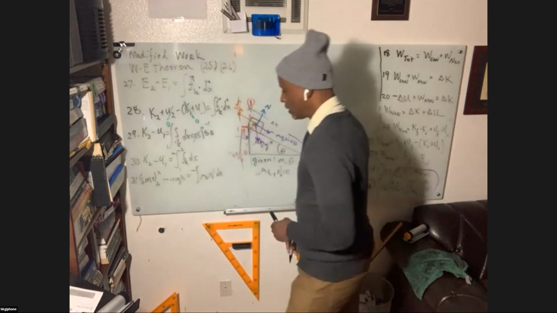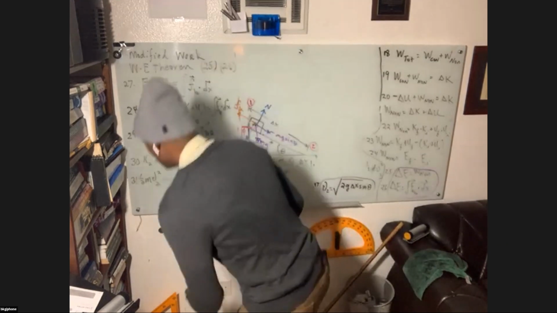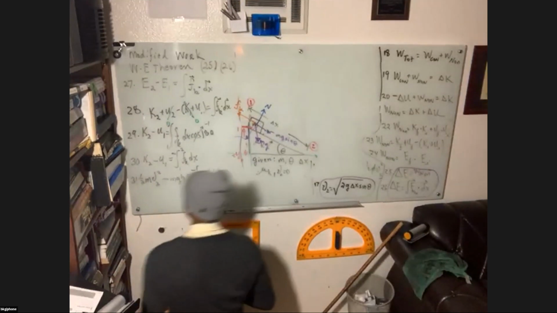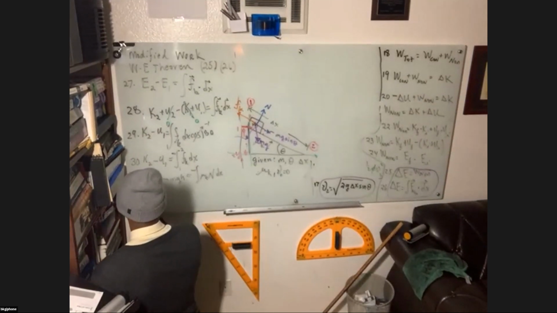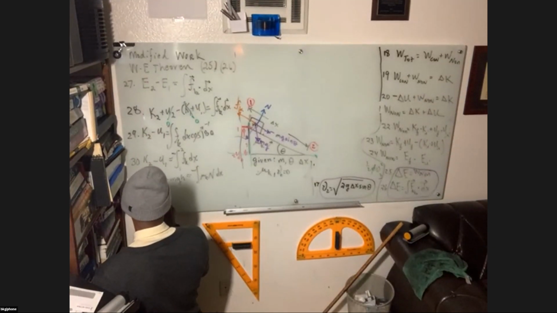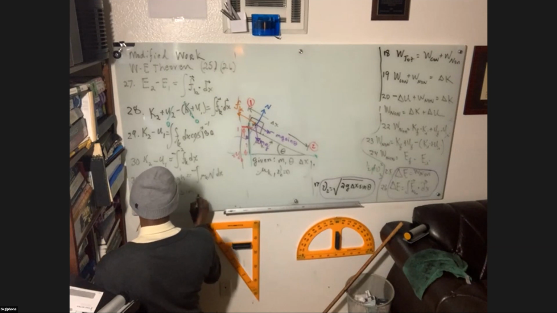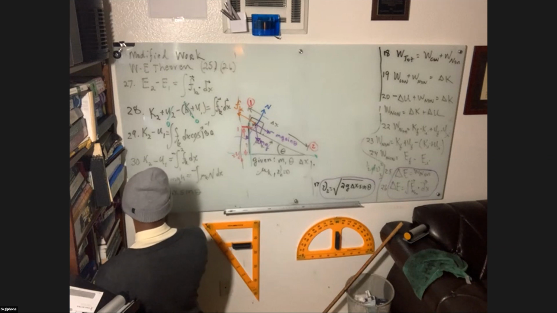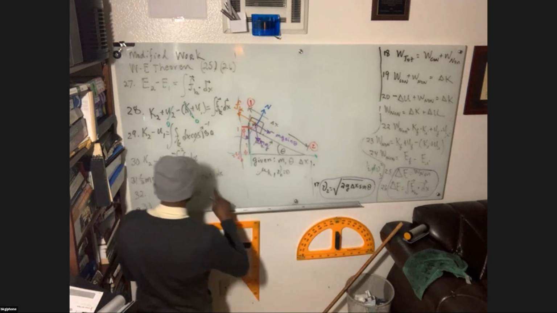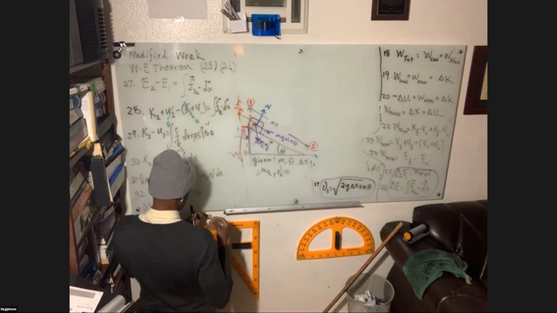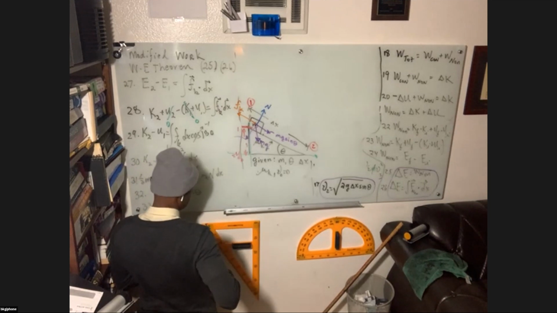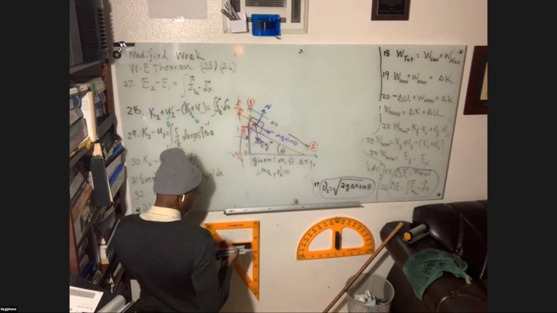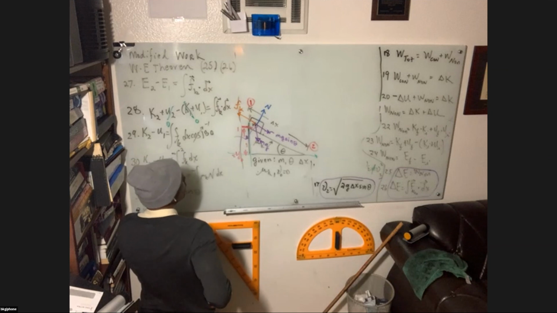Now here, I'm going to just, so you have it in your notes, 32. So what did we say? We said that h is equal to delta x times the sine of theta. And then for the friction, we know that the normal force is equal to, I erased it right here, but from previous problems that we've done, we know it's equal to the vertical component of the weight.